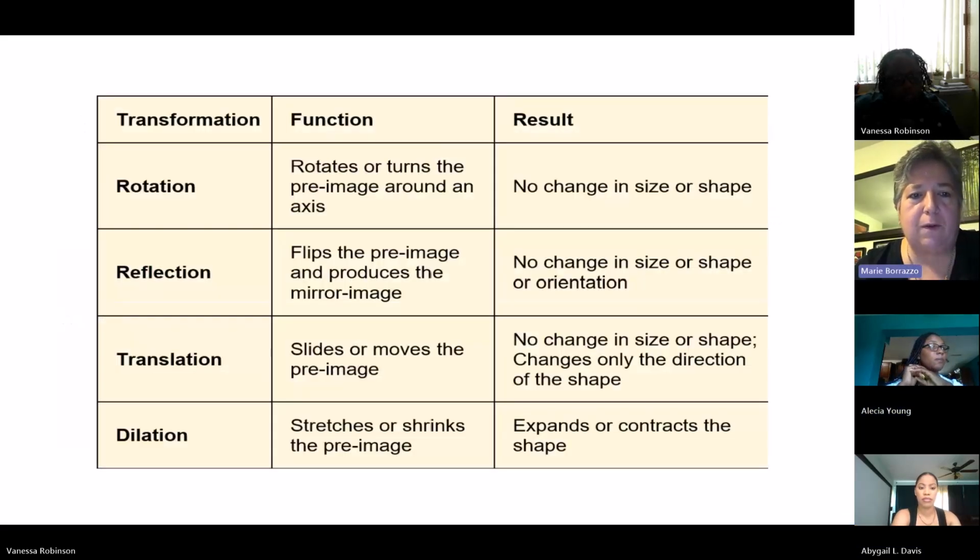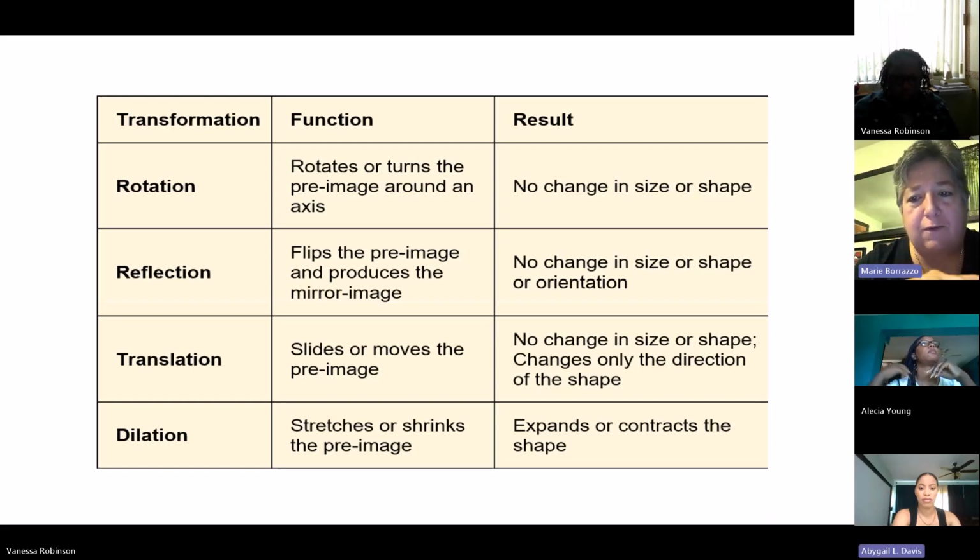So, as stated, there are four types of transformations. When you look at rotation, the object rotates or turns the pre-image around an axis. There's no change in shape or size of the figure. The reflection is a flip of the pre-image and produces a mirror image of it.